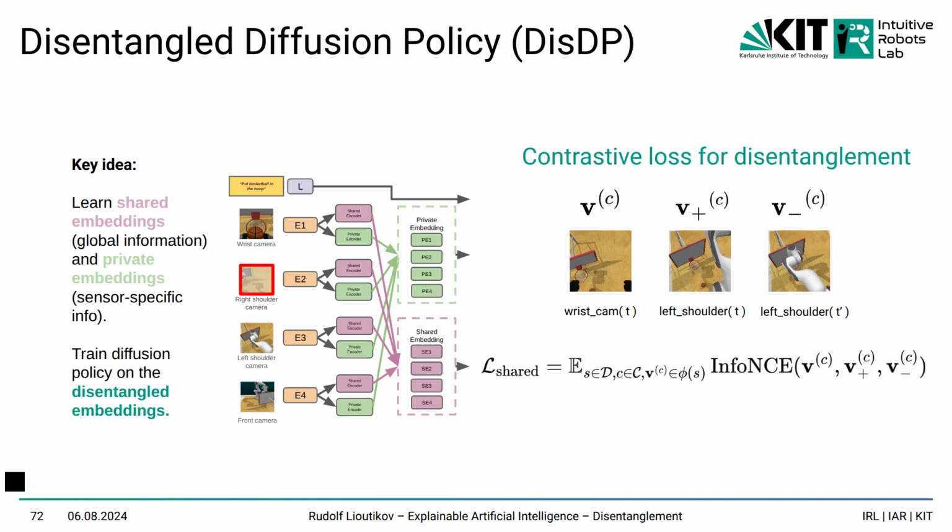There should be shared information between those two different views for the same time step. But this different camera at a different time step should not contain this information anymore. At least that's the assumption we're taking. So different camera at the same time step is a positive example, and different camera at a different time step is a negative example.